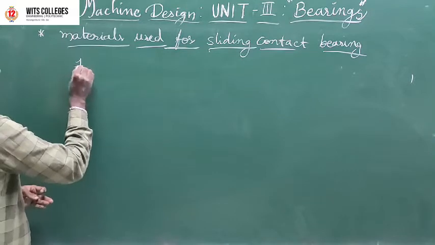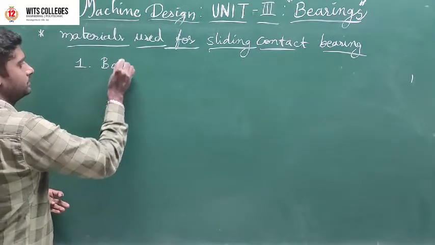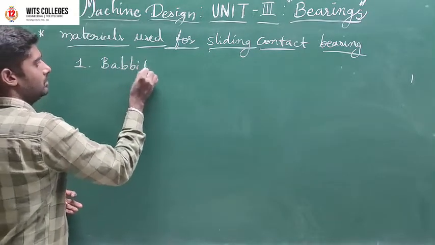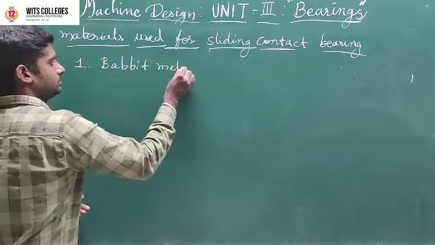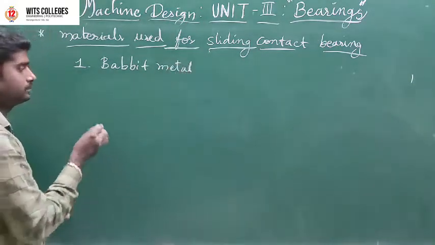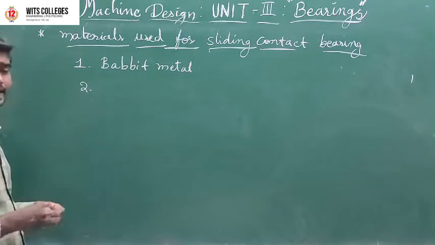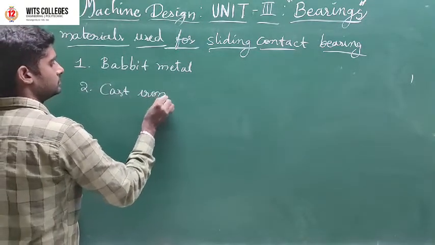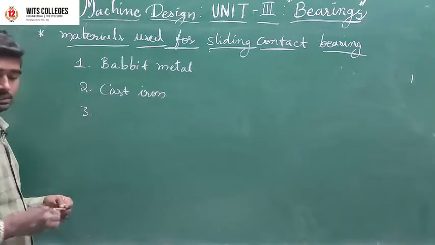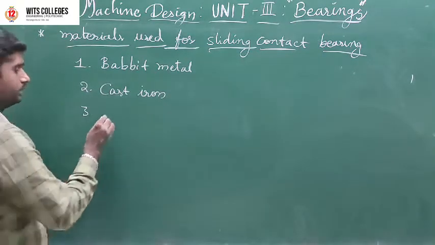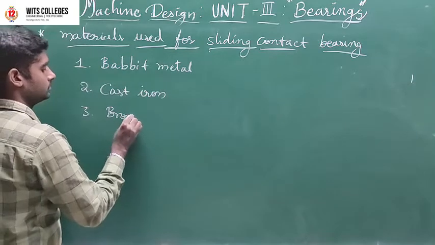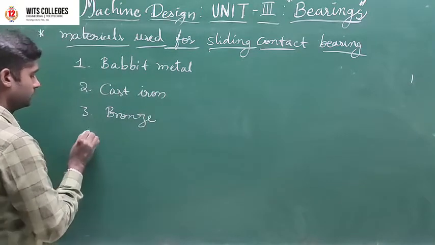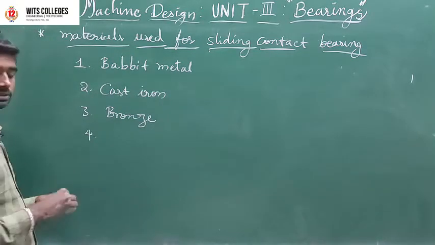First one is Babbitt metal. Second one, cast iron. Third one is bronze. Fourth one is silver.